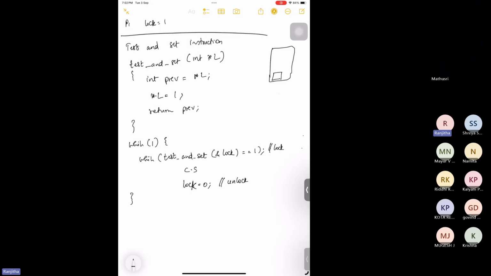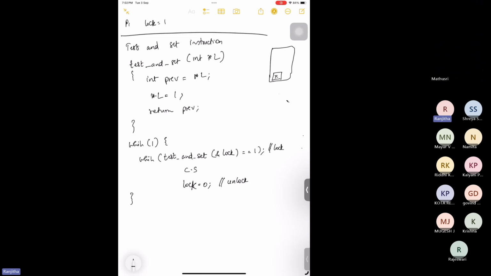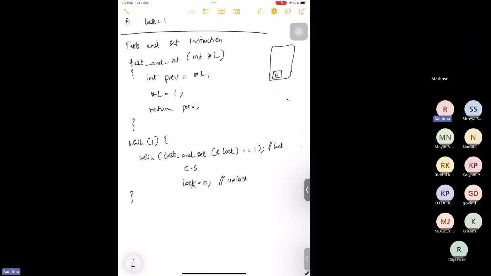Okay. So which is having some value x. What happens when we invoke this test and set instruction is that this value x will be initially star L, that is this location. L is a pointer, which means it's a memory location. Star L means content of that memory location, which is nothing but x here.